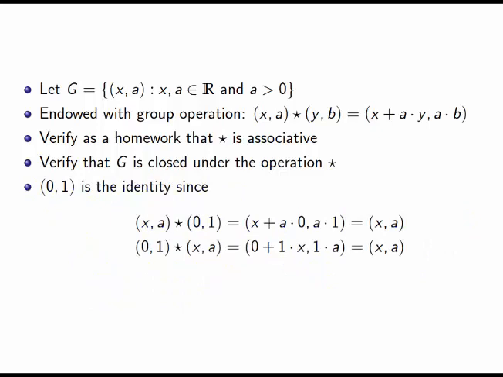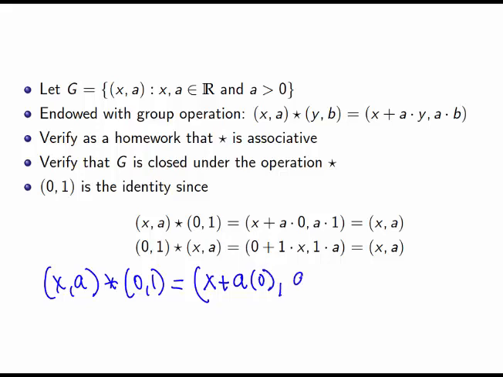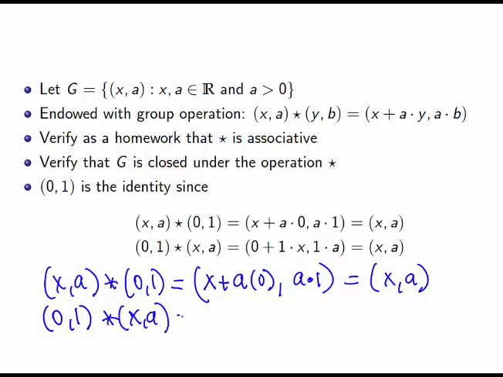Now, I want to show here that (0, 1) is the identity. Indeed, if you take (x, a) and (0, 1), then by the definition of the operation, this will be (x + a·0, a·1), and this will be (x, a). And if we switch this around, we'll have (0 + 1·x, 1·a). 0 + 1·x is x, and the second component, 1·a, is a.